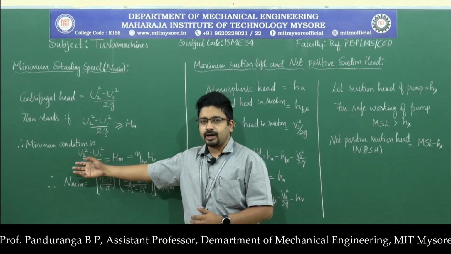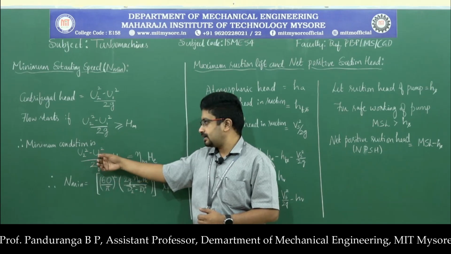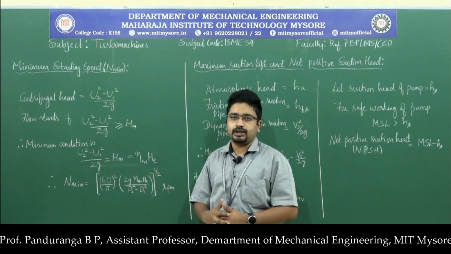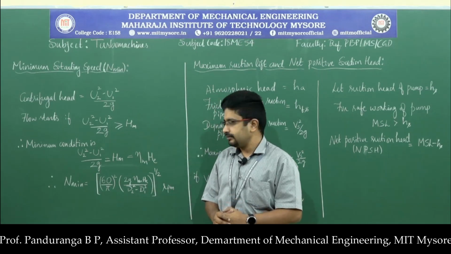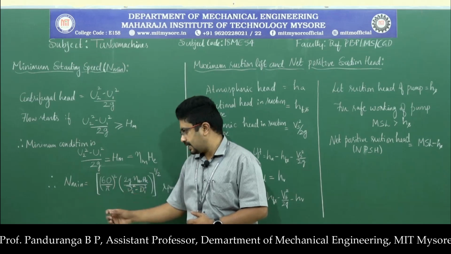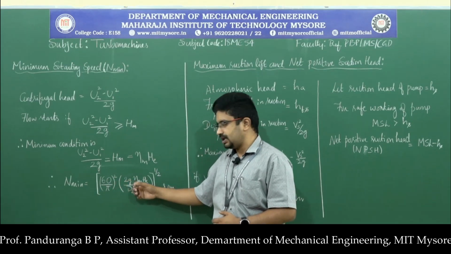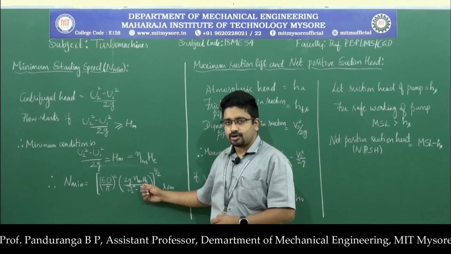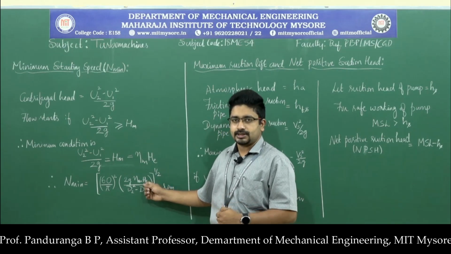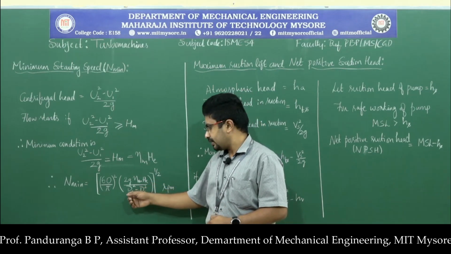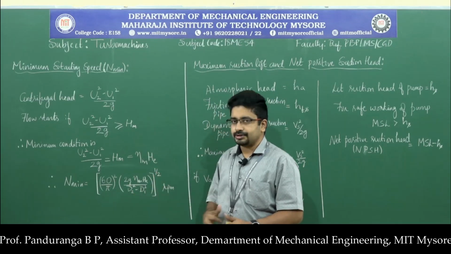If you substitute the value of U2 as pi d2 N divided by 60 and U1 as pi d1 N divided by 60, and rearrange the equation, then we get the minimum starting speed as 60 by pi multiplied by the square root of 2G into eta m, that is manometric efficiency, into Euler's head, because we will be calculating Euler's head in our theoretical calculations, divided by d2 square minus d1 square.